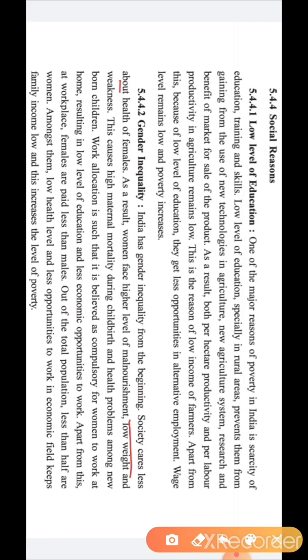Society cares less about the health of females. Indian society is such that they care less about females, and because of that, women face higher levels of malnourishment, low weight and weakness. This causes high maternal mortality during childbirth and health problems among newborn children.